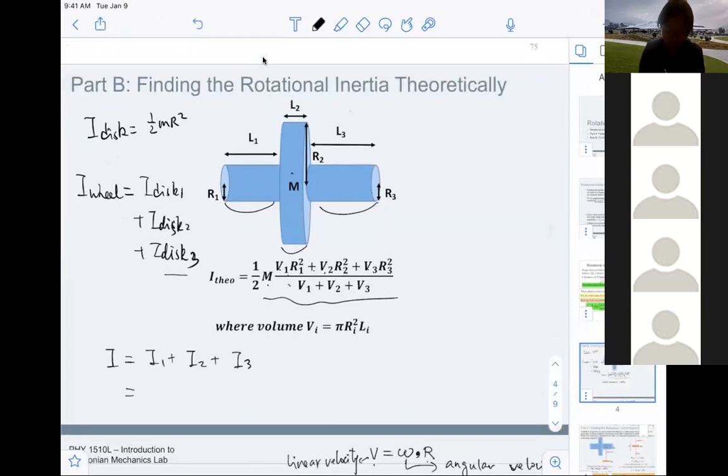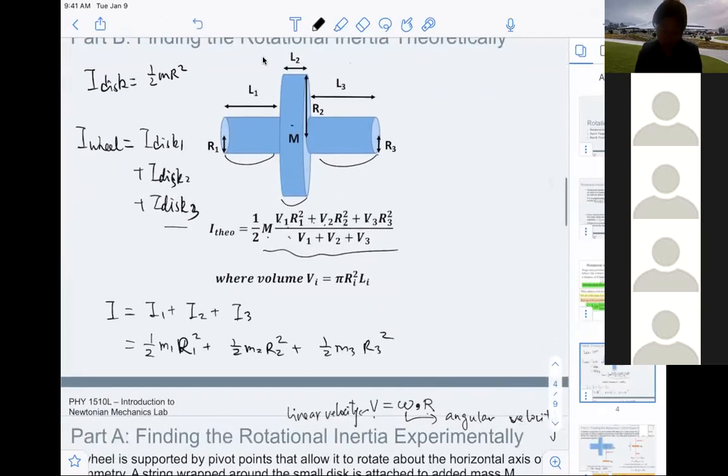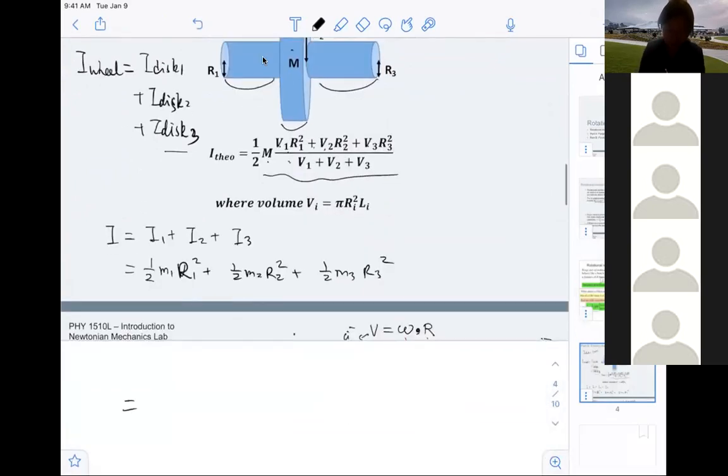Each of them is M1 R1 squared plus M2 R2 squared plus M3 R3 squared. And I simply substitute the M with volume.